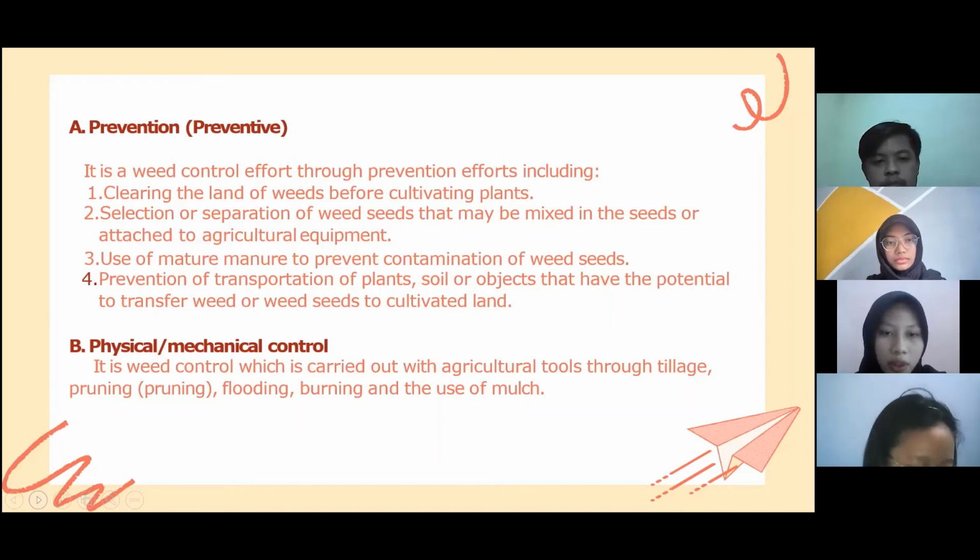Prevention of transportation of plants, soil or objects that have the potential to transfer weeds or weed seeds to cultivated land. B. Physical or mechanical control. It is weed control which is carried out with agricultural tools through tillage, pruning, flooding, burning, and the use of mulch.